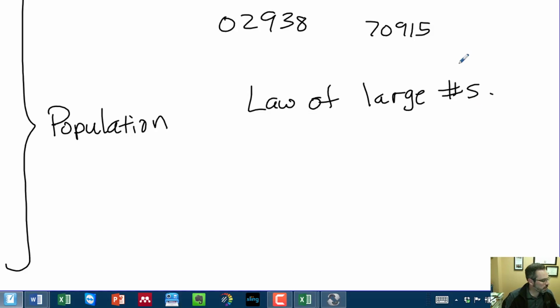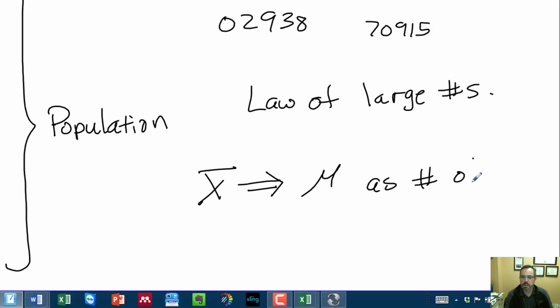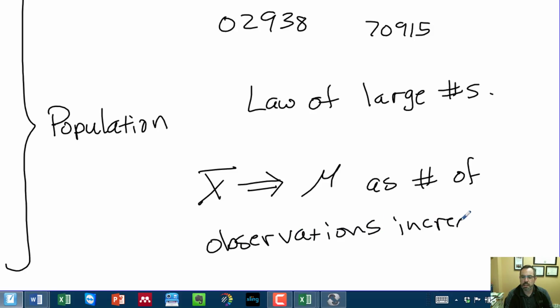It basically says that as you get more and more data from a population, as the number of observations increases, the x bar of the observed value gets closer to the mean, or mu. Now that should make sense.